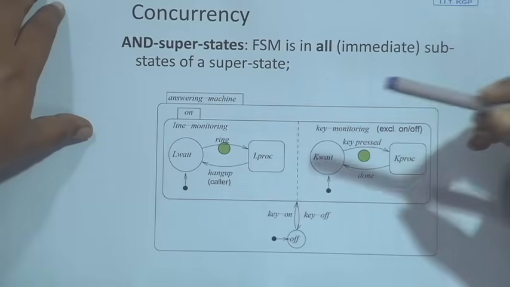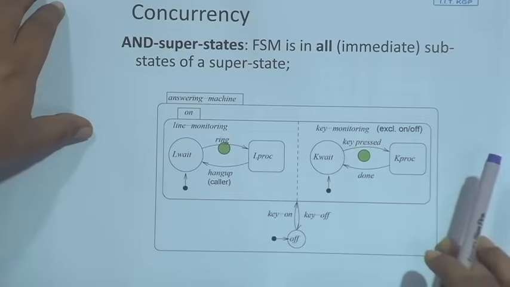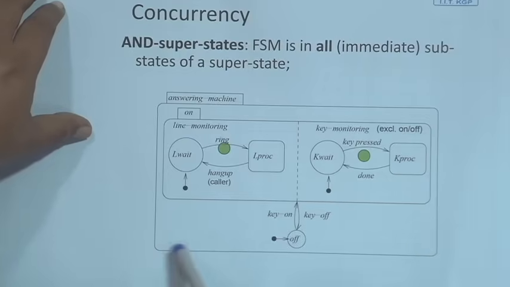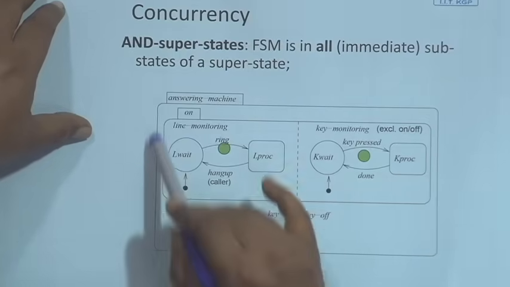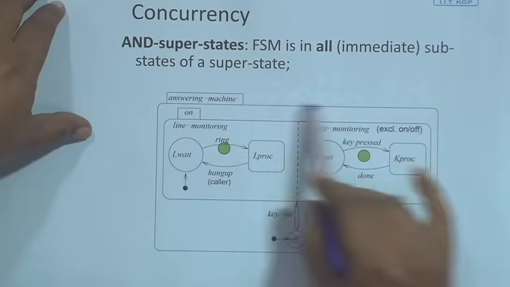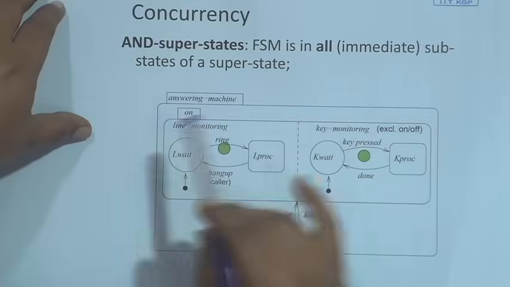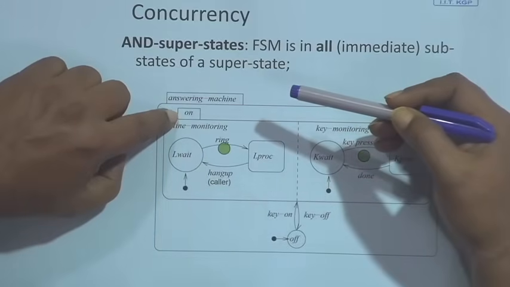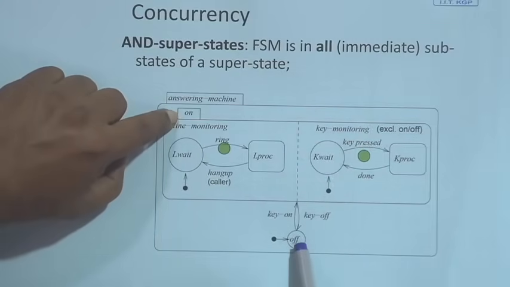What is being shown here? Again, look at the superstates and substates. This is the super-state, which is the answering machine as a whole. Now, this answering machine can be in on state or can be in off state. Okay? In on state or off state.